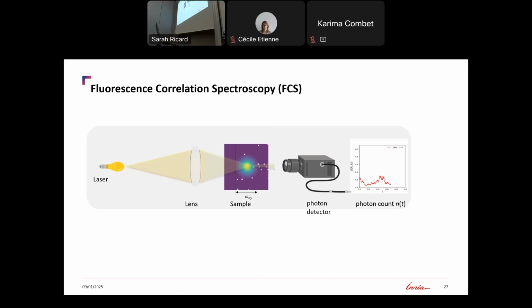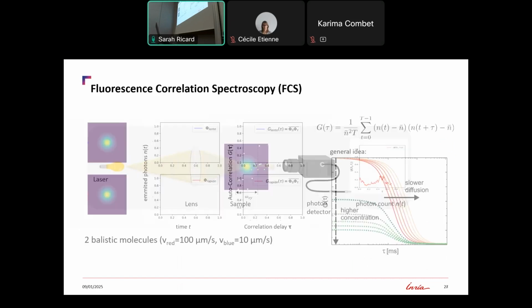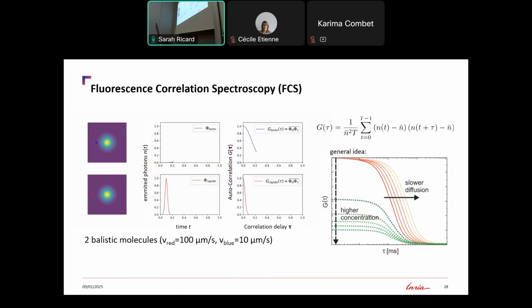Now, what does it see? Let's say that you have a very simple motion. So you have a blue one that goes ballistically, so straight ahead, no random motion, just to illustrate. The blue one is very slow, and the red one is very fast. Of course, the blue one will start to enter the illuminated volume, so the number of photons emitted will increase, and then when it exits the zone, it will decrease.